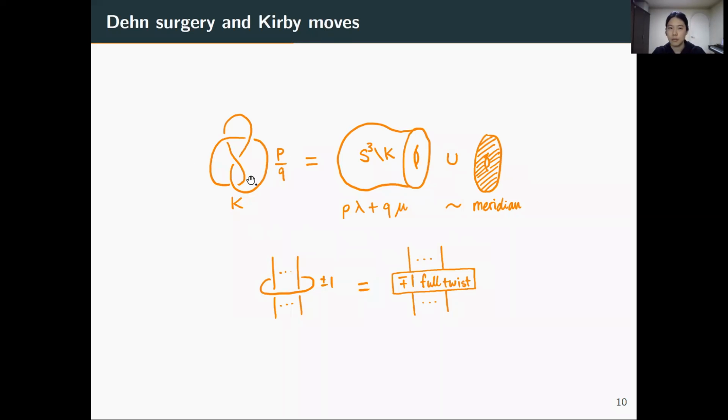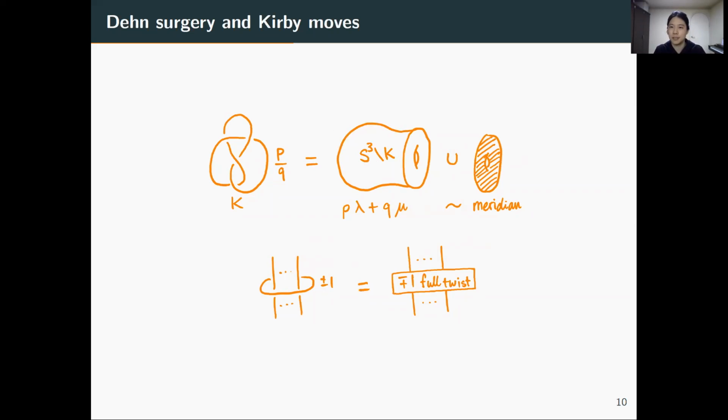In this example, I have this figure-8 knot, and let's say there is the number p over q labeled on this knot. So what we do is we first drill out, or cut, we first remove the tubular neighborhood of this knot. So we get this complement of the knot, which is a 3-manifold with a torus boundary.